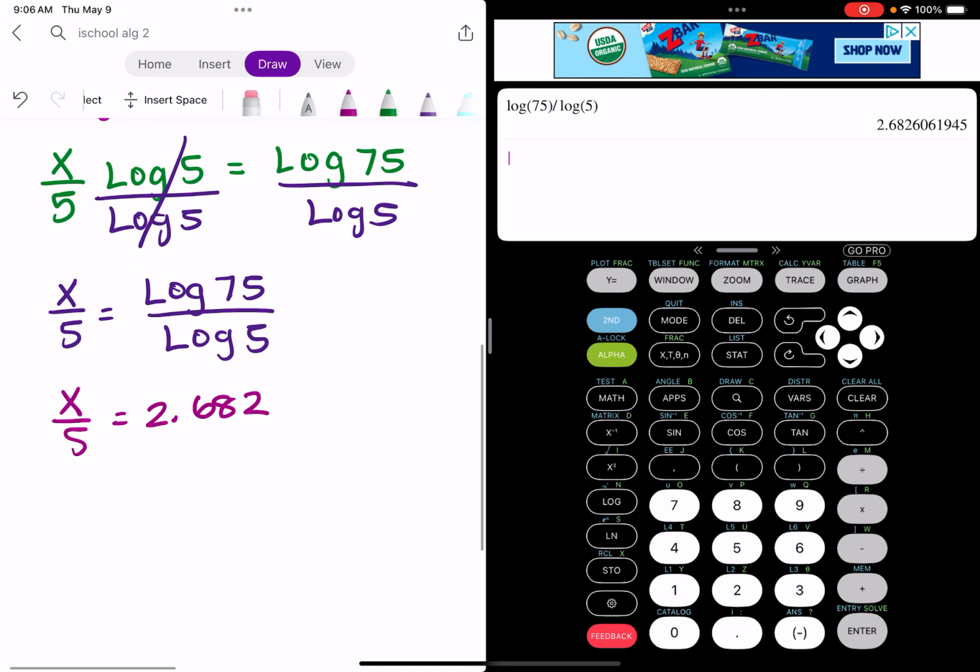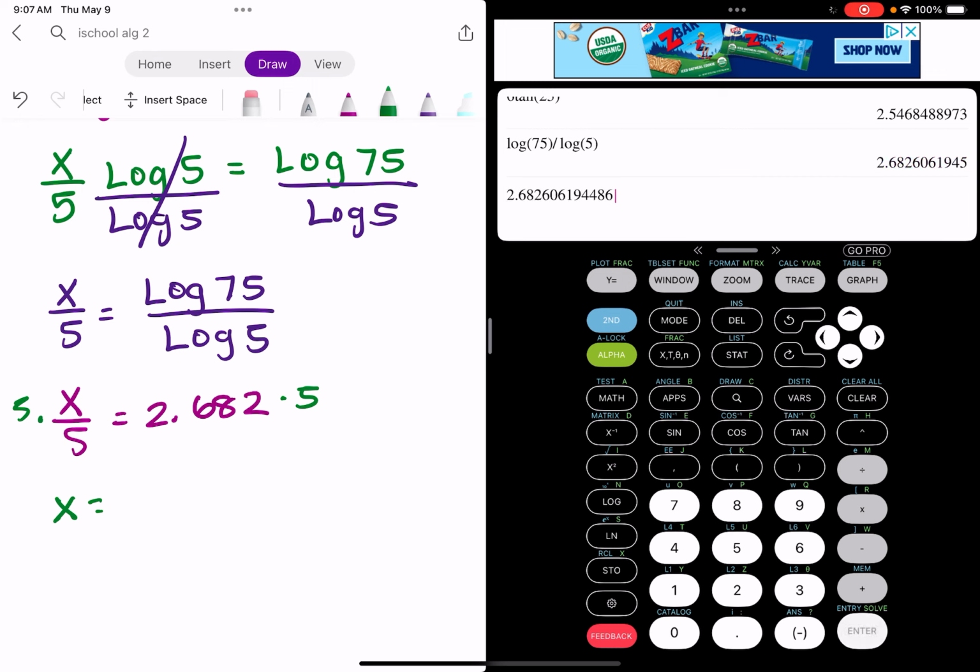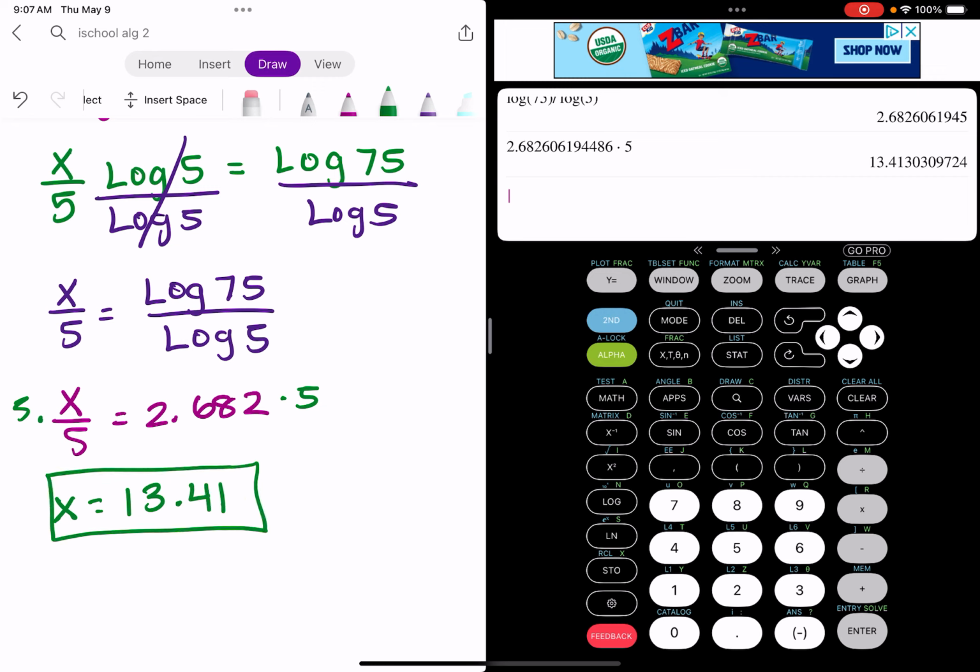Now to solve for x, I need to get rid of this 5, so I'm going to multiply both sides by 5. Here's the thing, I'm going to ask that you don't round until the end. So I'm going to scroll up and press enter. That's going to bring it down, and then I'm going to multiply it by 5. My final answer, if I want to round it to the nearest hundredth, would be 13.41. So this is what x is equal to.